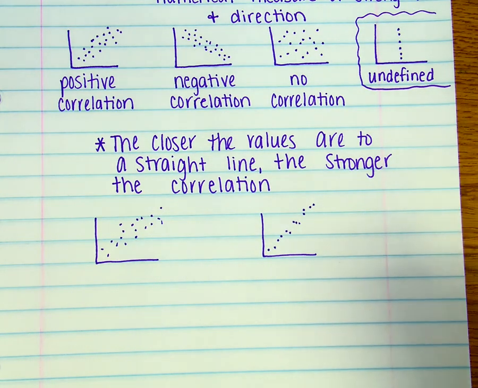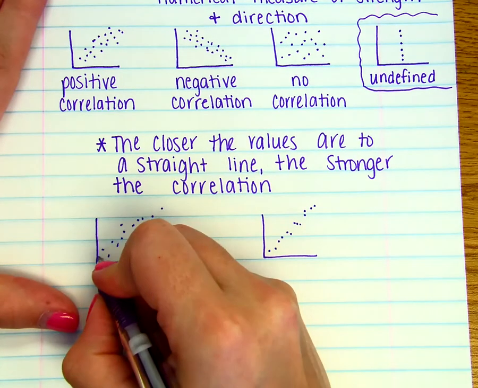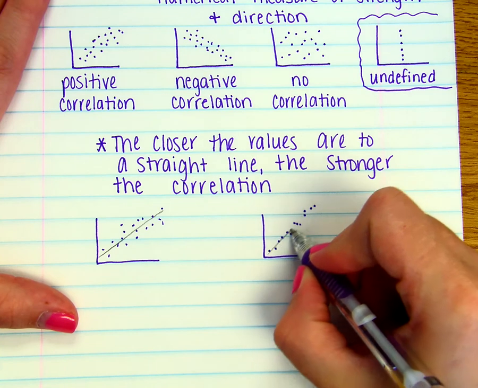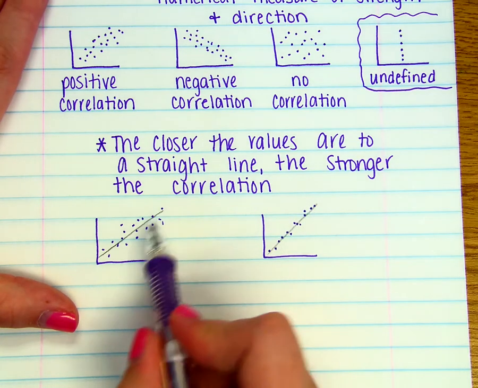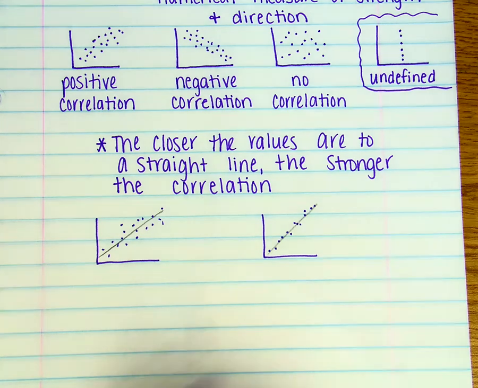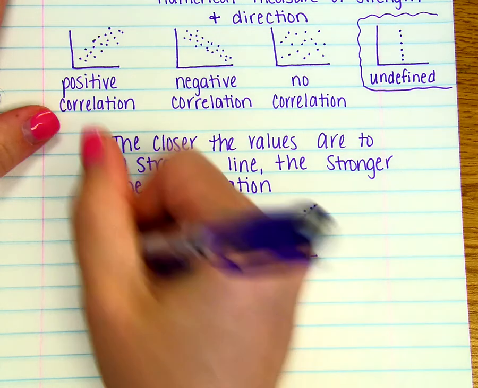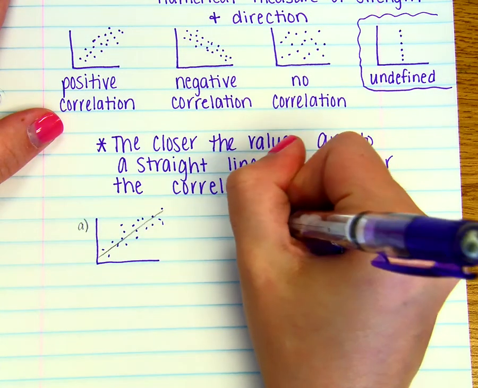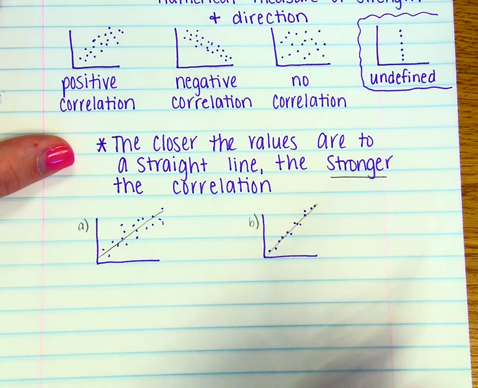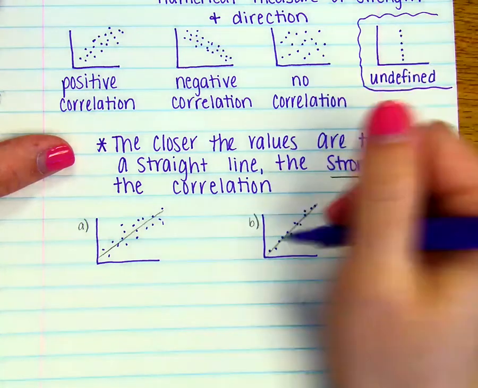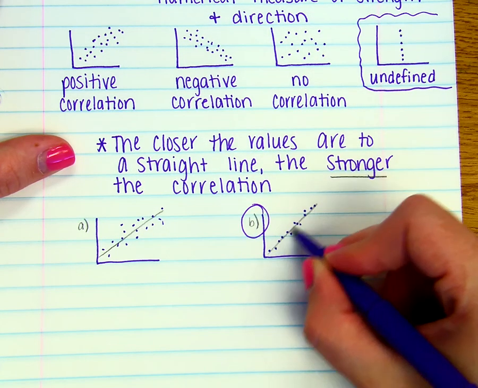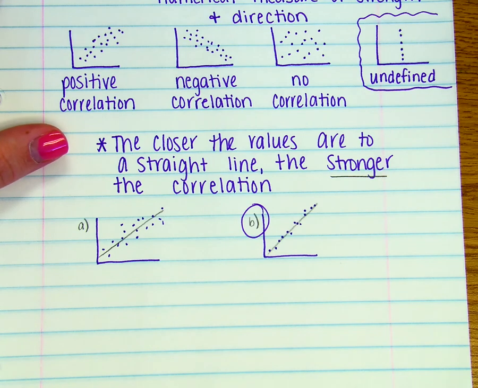But if I drew an invisible line, and I'm going to use a pencil to draw that line, whichever one has more points close to that line is going to be the stronger correlation. If I called this A and this B, which graph would be a stronger correlation? It would most definitely be graph B, because these points are very close, if not on that line that I drew.